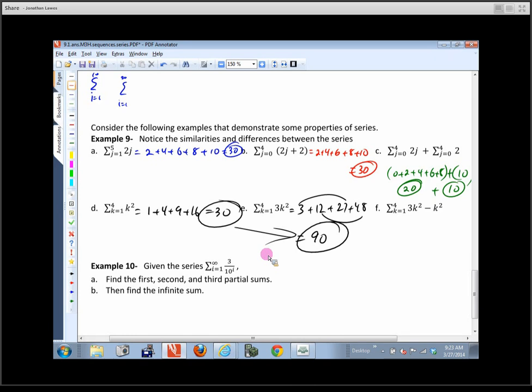It's 3 times as big, right? Why is it 3 times as big? Because every term got multiplied by 3. So one thing that you can do, take a look at this right here, is you could change this so it's k equals 1 to 4, pull the 3 out front, and you've got your answer. Separate this piece.